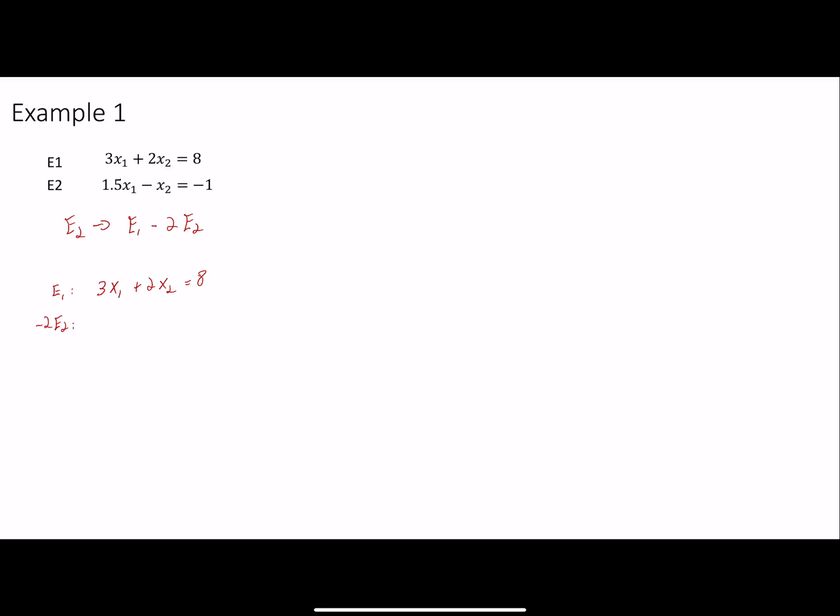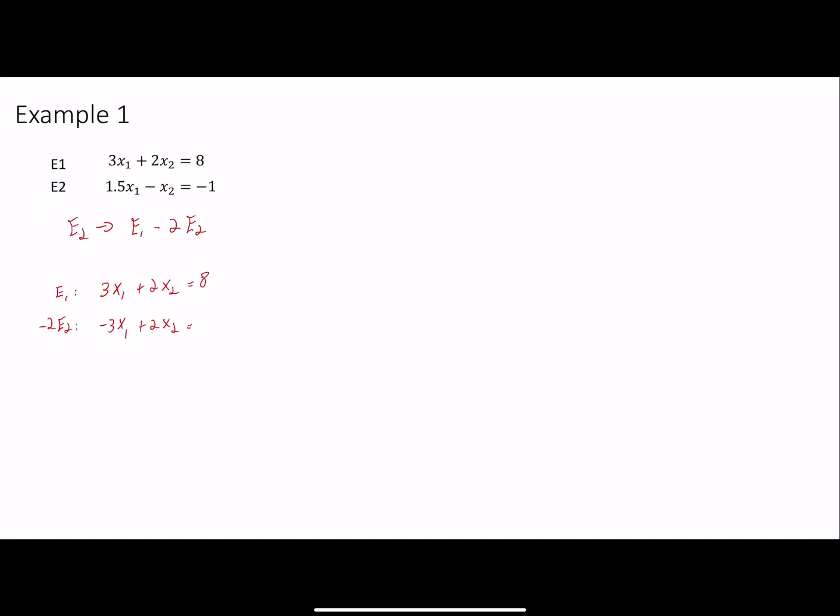So this is going to be minus 3x1. Minus with a minus becomes a plus, so that is going to be plus 2x2. And of course, we have to do the same thing to the right-hand side over here. So that's going to be minus 2, minus becomes a minus, so that's going to be 2, right?